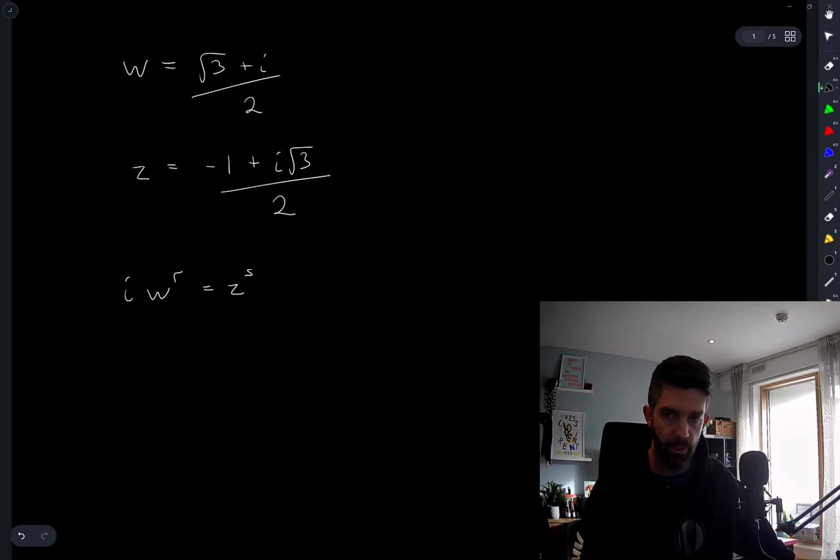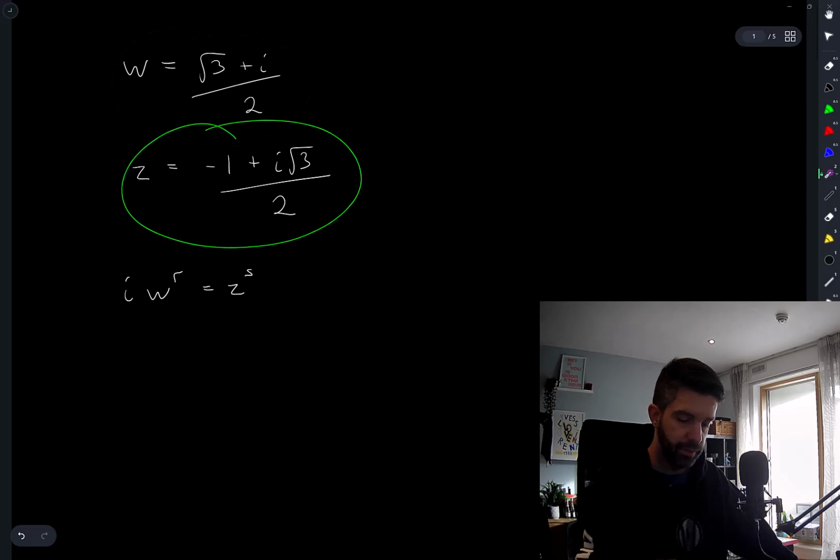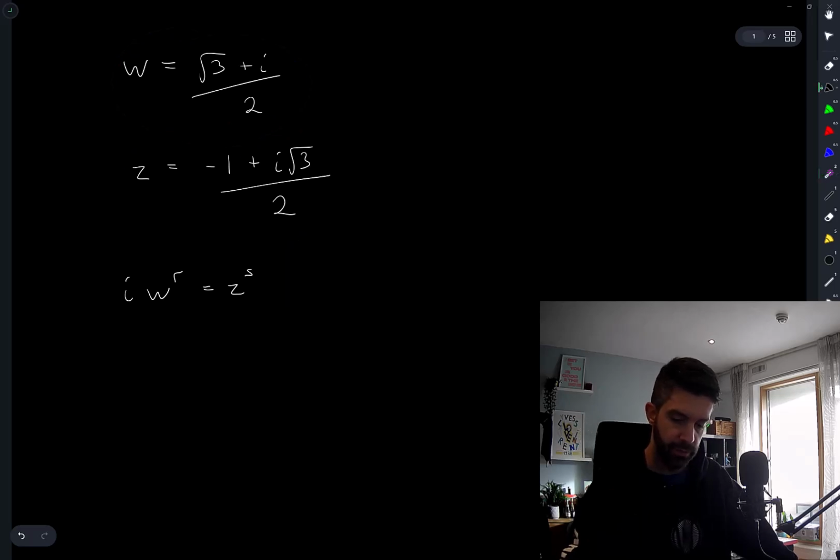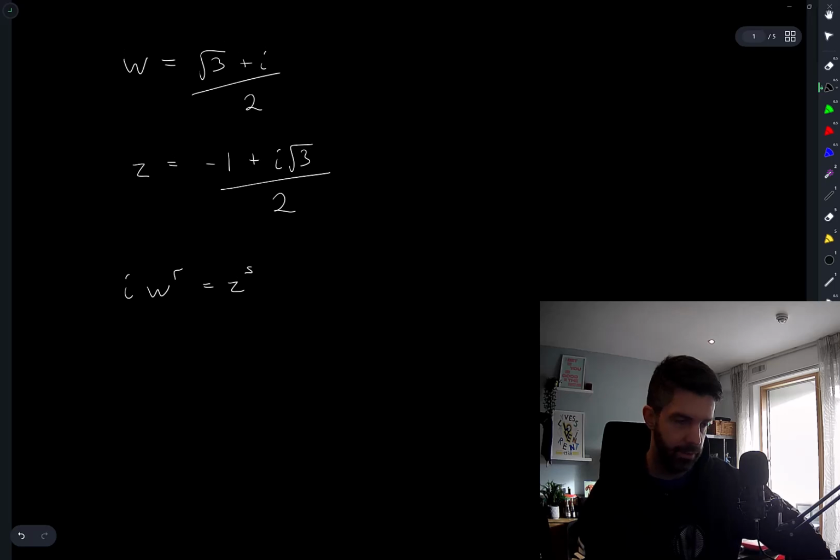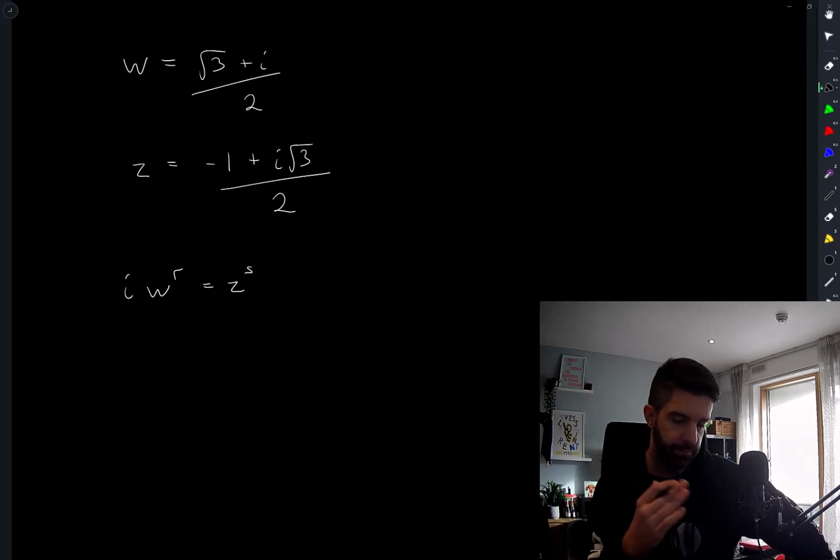Okay, so we've already reduced the question to the fact that r is equal to s. Then, if we write these in polar coordinates or as an exponential, we're just worried about the angles, the argument of things working out.